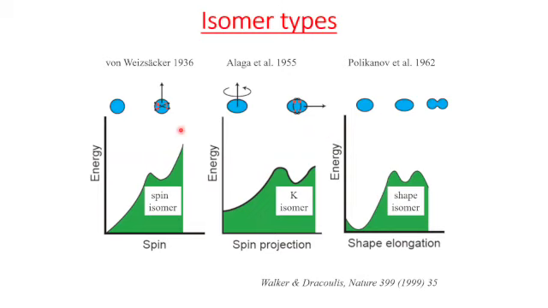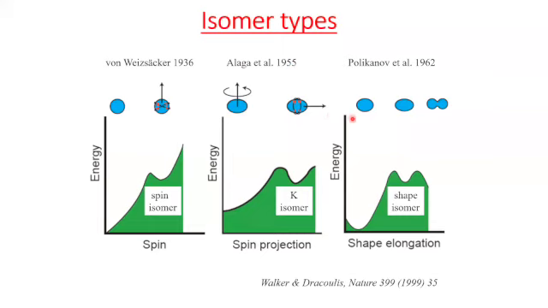But we can recognize several different types of isomers, more than 3, depending on how you like to subdivide. But I'll just say that spin isomers account for the majority of the type that von Weizsäcker explained in 1936. Then the deformed nuclei contain K isomers, and this was understood by Alaga and co-workers in 1955.